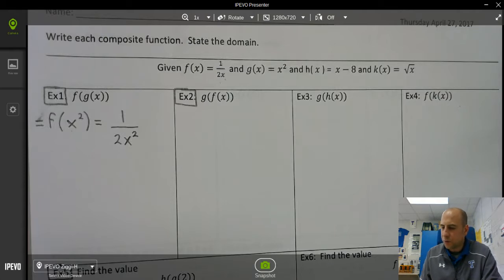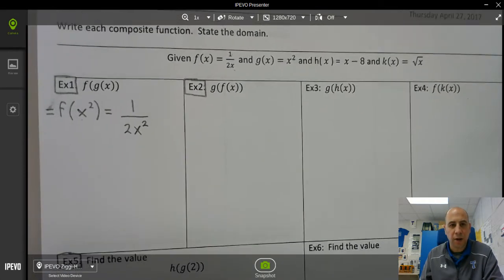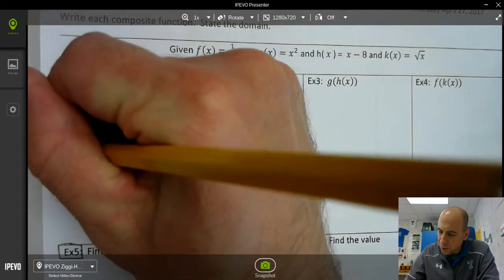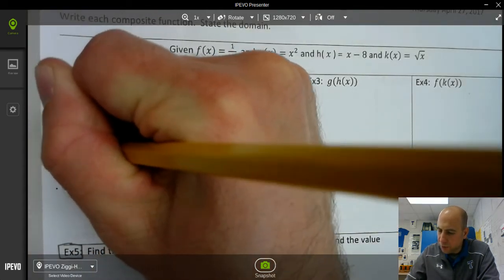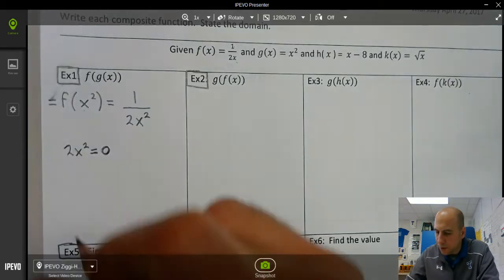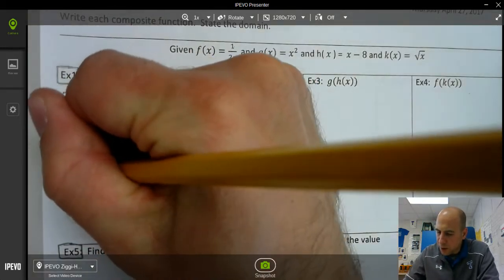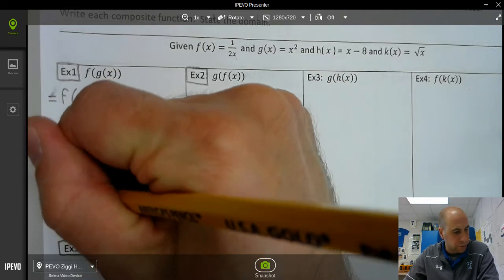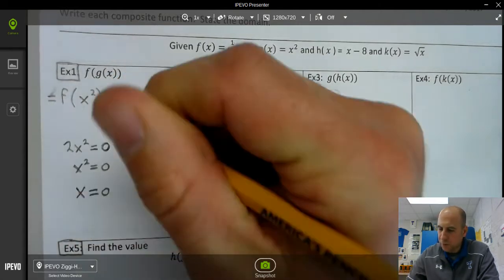All right, so for the domain, we need to find any restrictions. And since we have a denominator, we set that equal to 0. So 2x squared equals 0. Divide by 2, you get x squared equals 0. Take the square root of both sides, you get x equals 0.